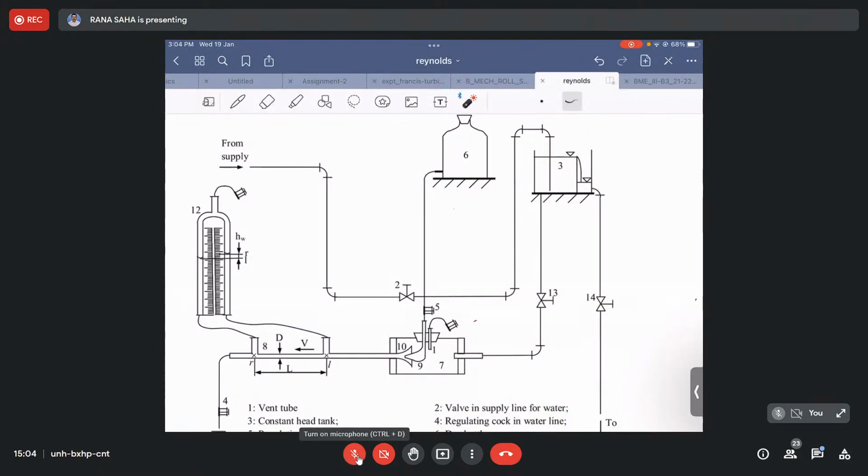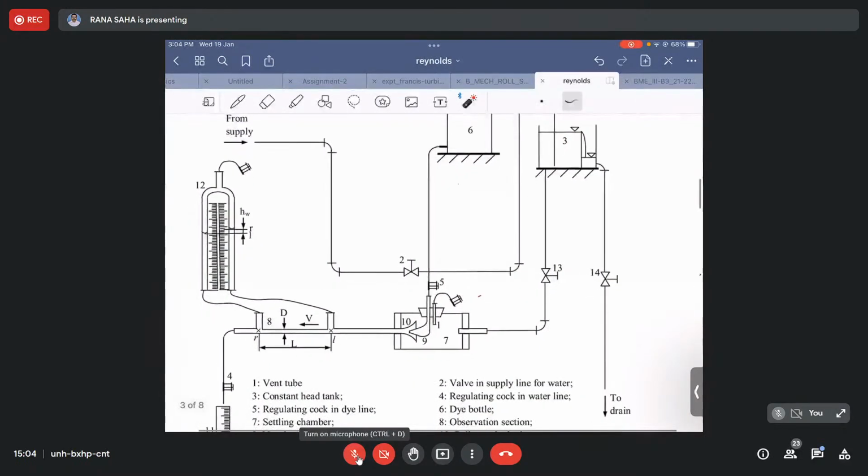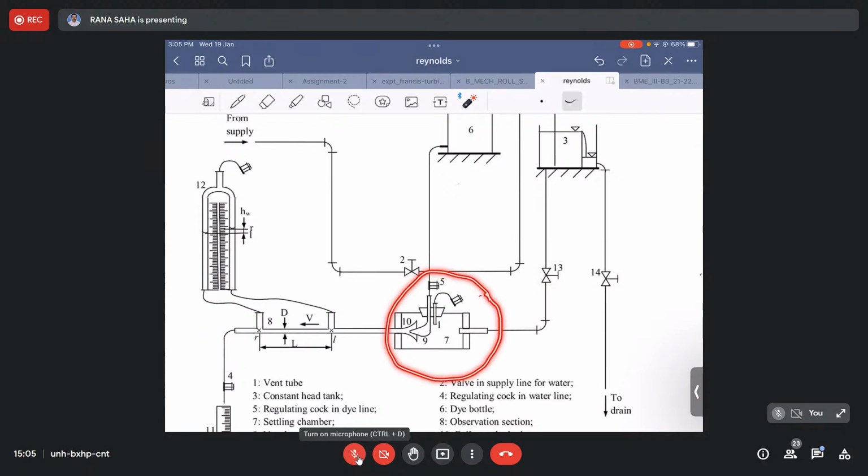Okay, so once this particular head is ready, then we can look into the main part of our setup. That means you can find another line coming out from the main chamber of this constant head tank, and then this line actually goes through another valve 13 to a chamber, and this chamber is having some components inside.